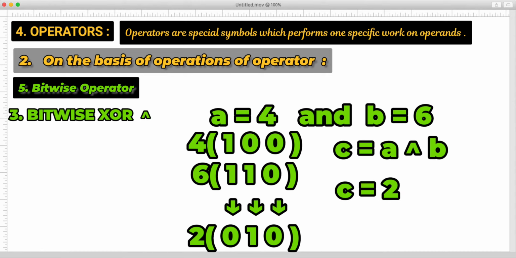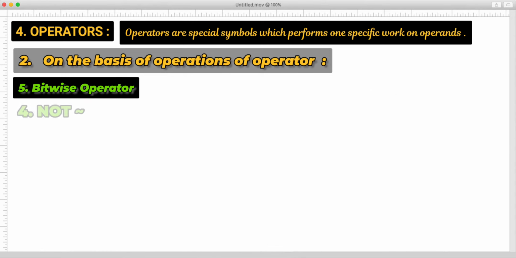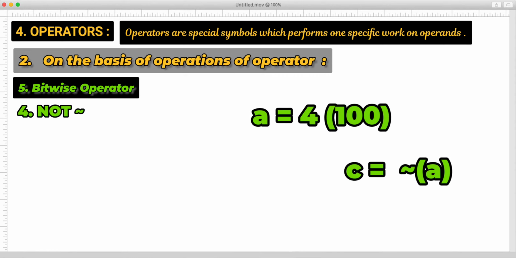So here we end up with our bitwise XOR. Now coming to the next operator, that is the NOT operator. The NOT operator is pretty much simple, as it will complement the binary code of the given integer. Suppose a is equal to 4, then the binary code of 4 is 100.